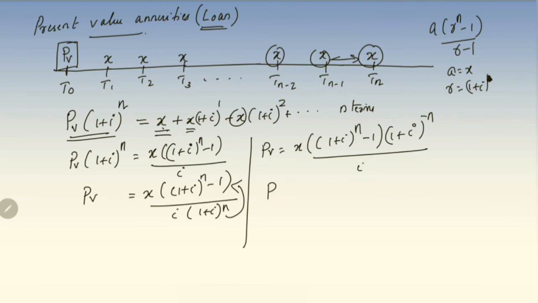So PV is equal to, when you open it, what will happen? This will multiply this term and this will multiply this term. The first term, what will happen? n minus n is going to be 0, isn't it?